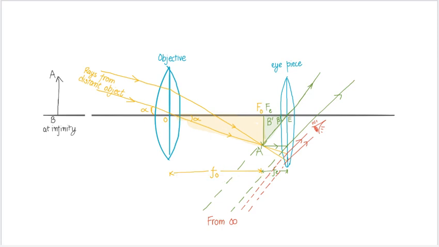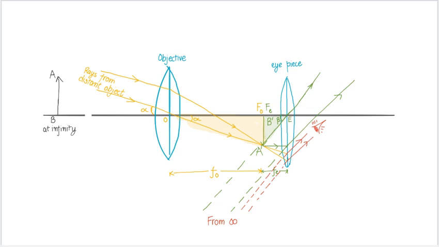Now we will introduce our second lens. This is your eyepiece. Our eyepiece will be placed in such a position that the image A'B' formed by the objective will act as a virtual object for your eyepiece. But the condition is that this object should be placed at the focal length of the eyepiece.